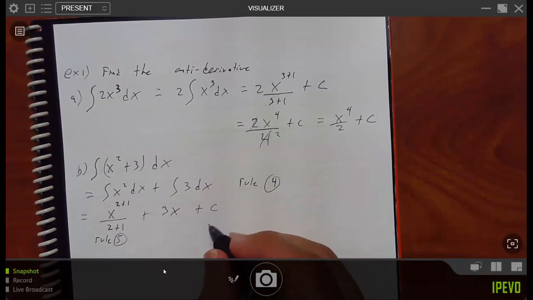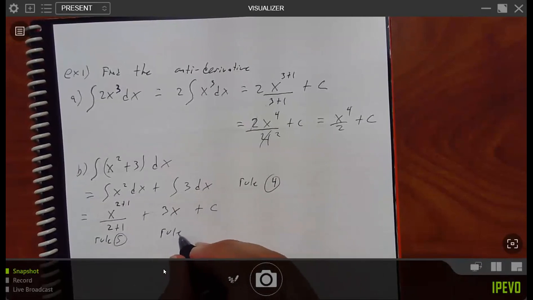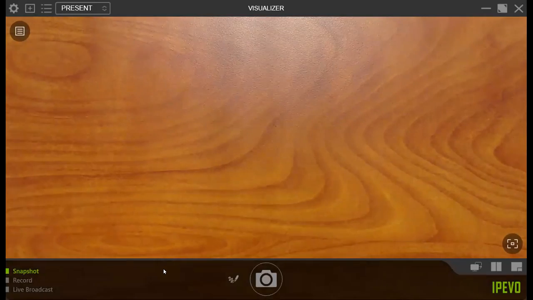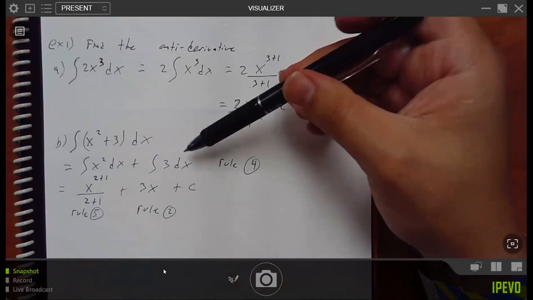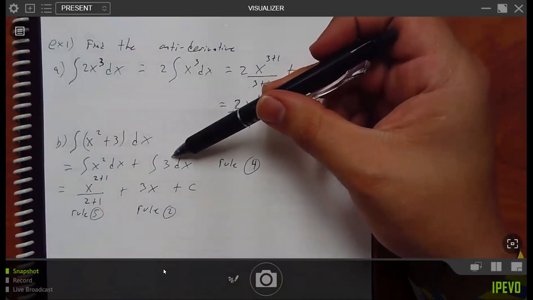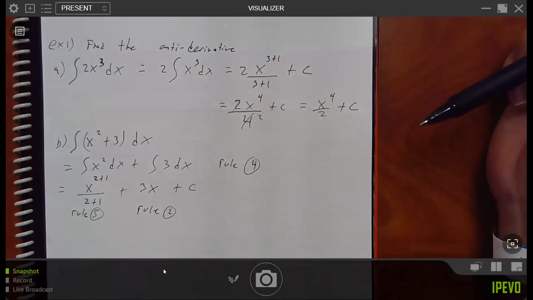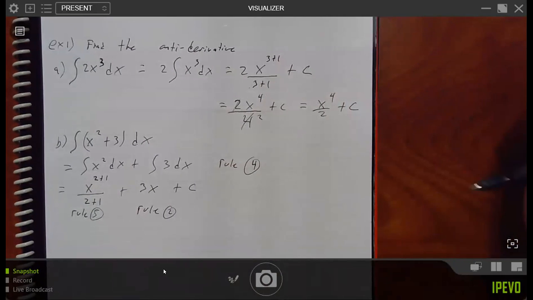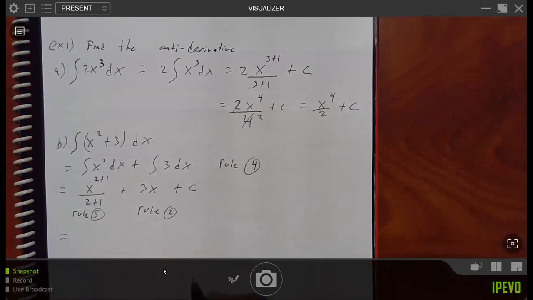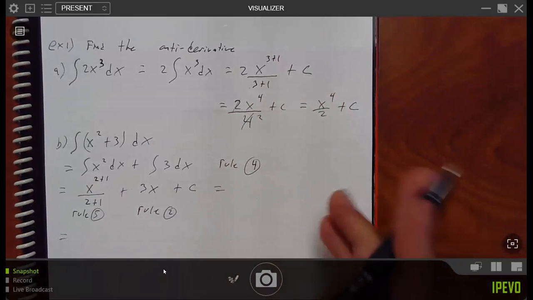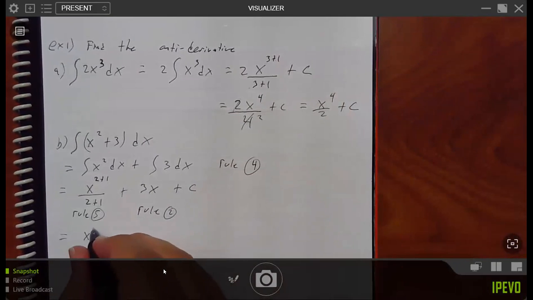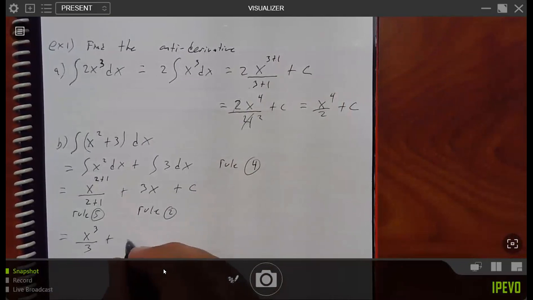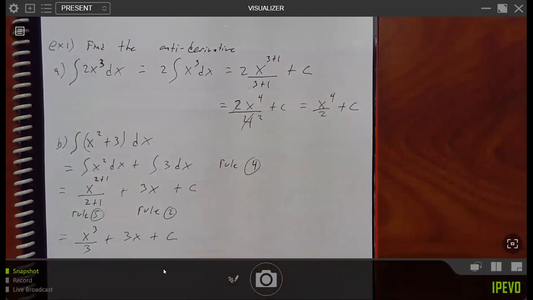Of course, we've got to add our C. This will be Rule 2: the antiderivative of any number k will be k times x. Finally, the answer will be x cubed over 3 plus 3x plus C.